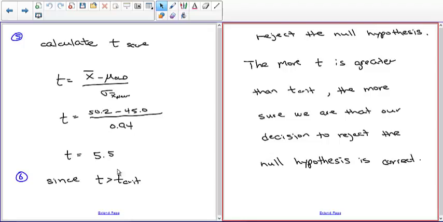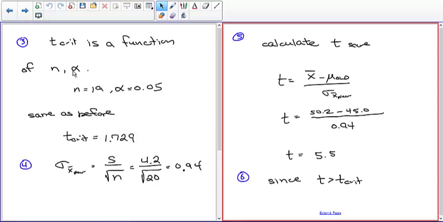If you ended up with a t-score of 2 versus a critical t-score of 1.729, you'd be less sure. If you got a t less than 1.729, then you would fail to reject the null hypothesis. There's still a large enough chance that the difference is due to random sampling.